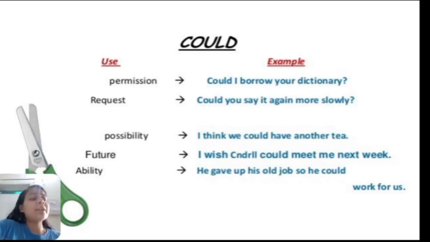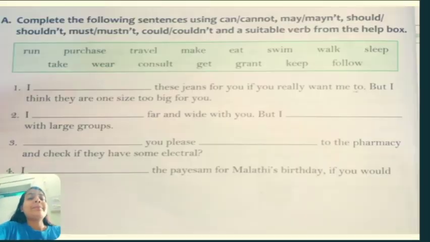For example, Ram told me that he could help me. We did all that we could. I'm sorry, I could not attend your birthday party. In all these sentences, it shows something done in the past, or past ability.